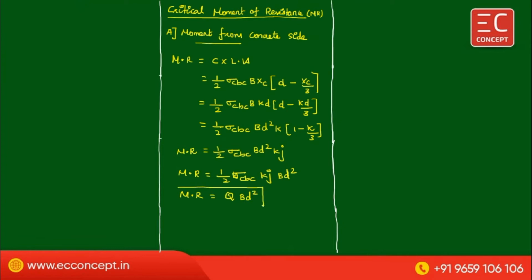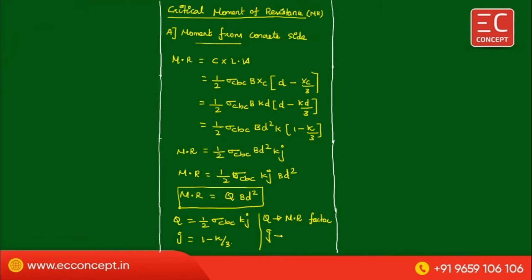Very, very important relation. This relation you have to keep in your mind. Where Q is equal to 1 by 2 sigma CBC K J. K already you know. J is equal to 1 minus K divided by 3. Now Q is the moment of resistance factor.